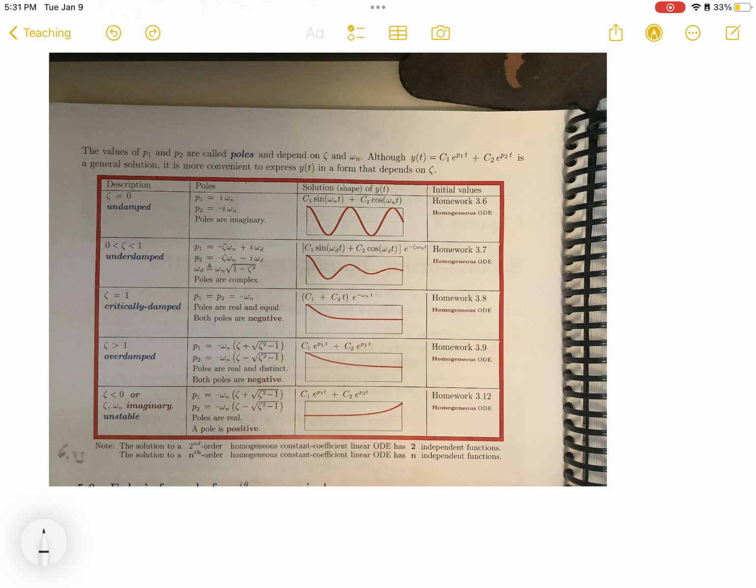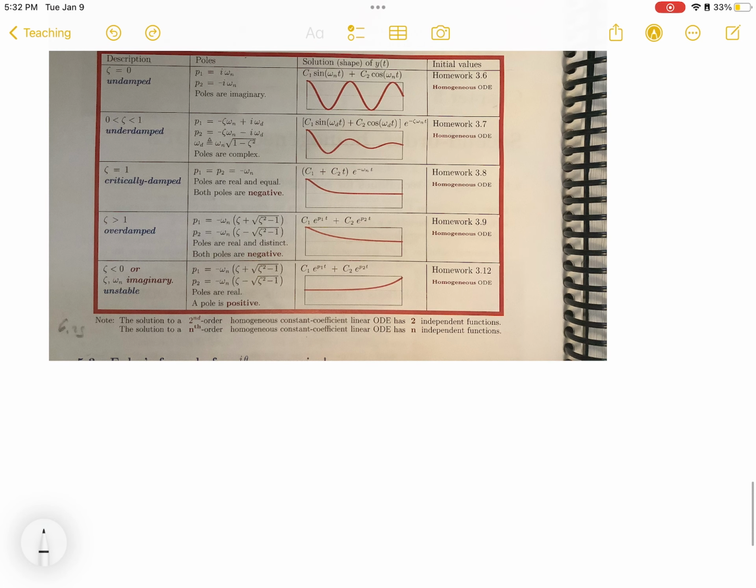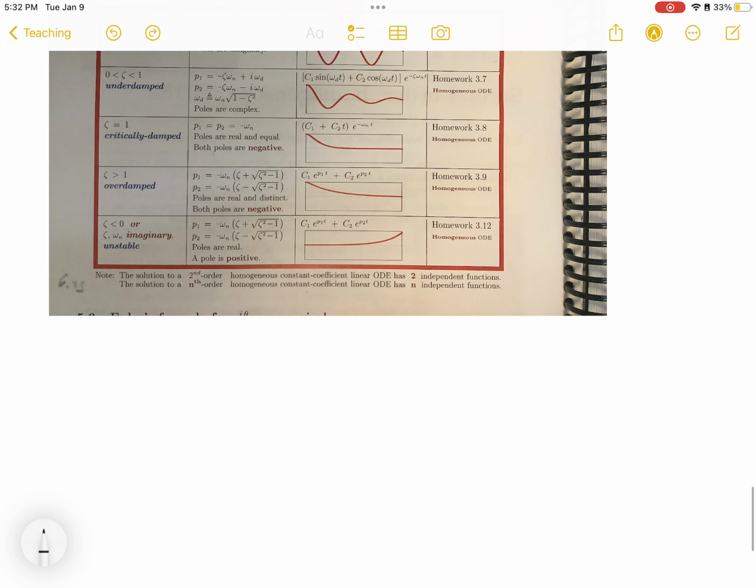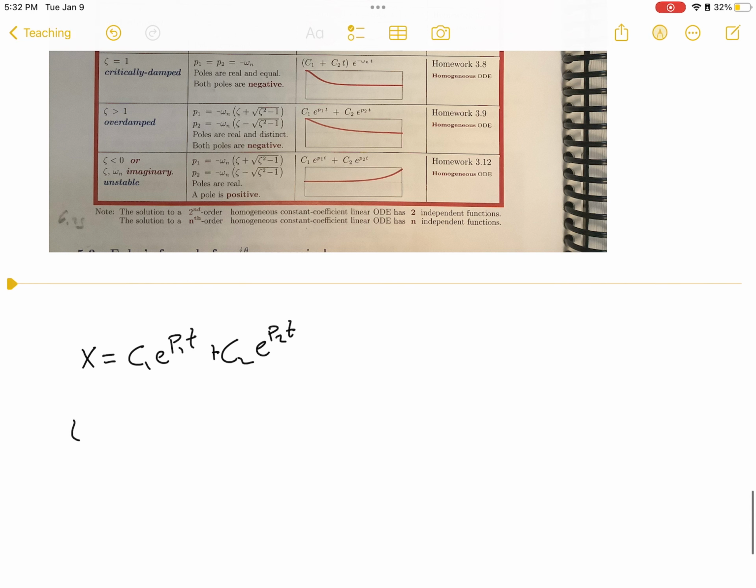And in the case of the undamped and underdamped solutions, the sines and cosines, remember we're looking at a system that's x equals c1 e to the p1t plus c2 e to the p2t. We can get sines and cosines out of that from Euler's formula.